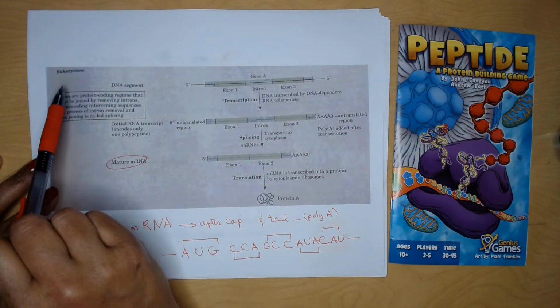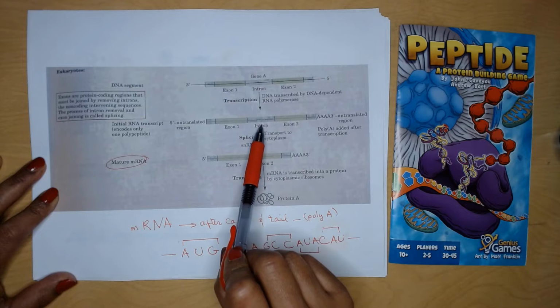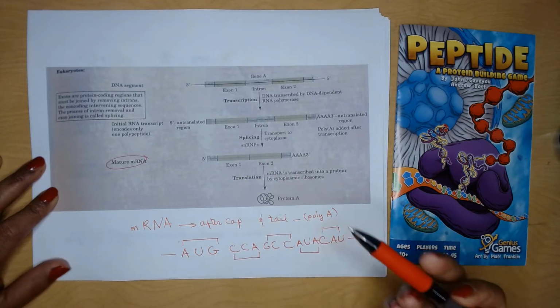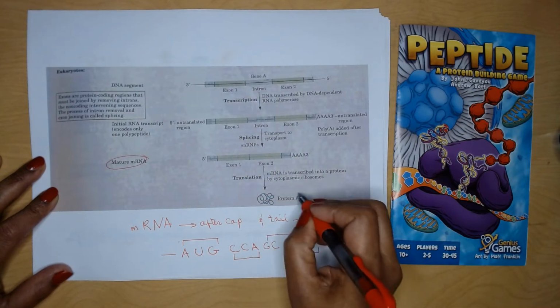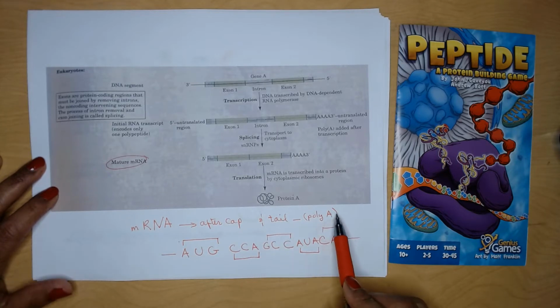But in the eukaryotes, we have introns removed, exons expressed, and that is important to make a synthesis of a protein. And then we also said that after the messenger RNA is synthesized, before it can be used for protein synthesis, first it gets a cap at the beginning by methylation, and then it gets a polyadenine tail.